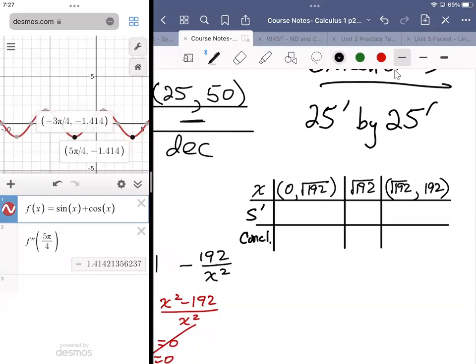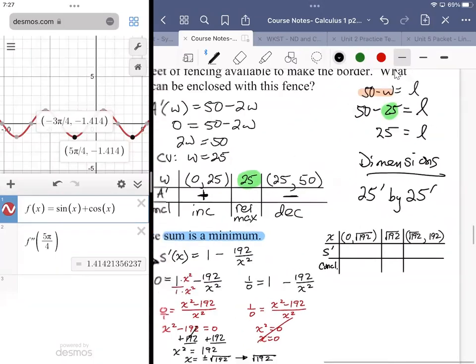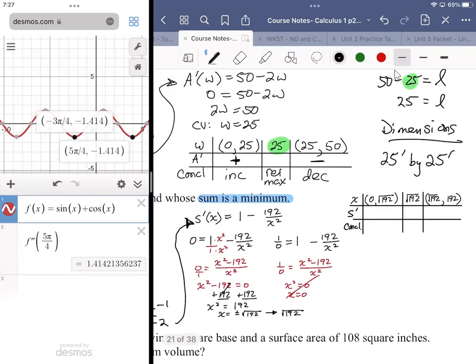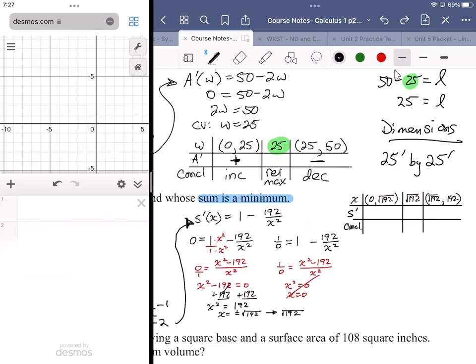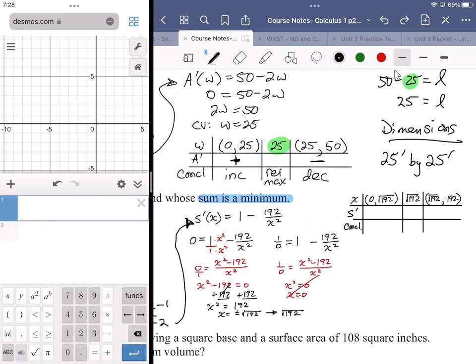So we would pop a value between 0 and radical 192 into our derivative function. All right, you can do that technologically, or you can do it in your head, whatever makes sense. I'm just going to do it on tech here, because numbers are kind of weird.